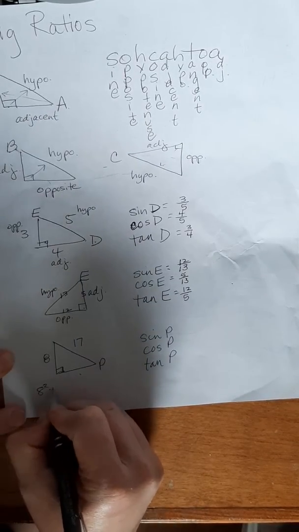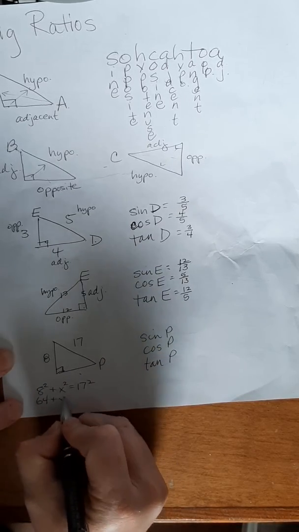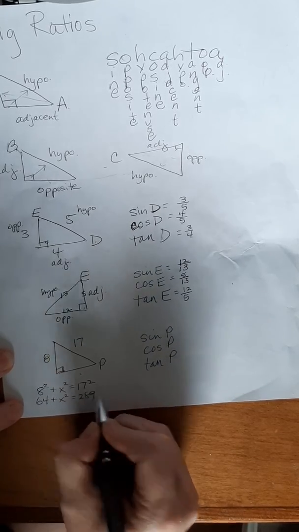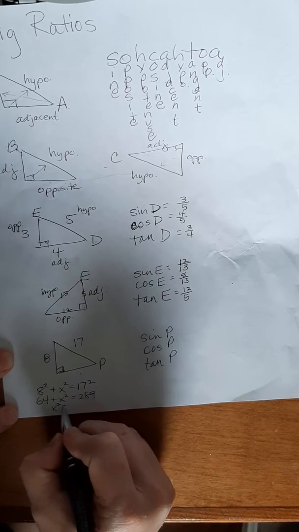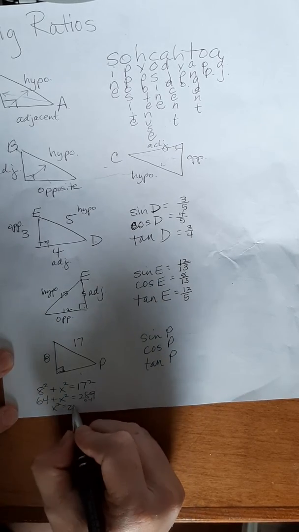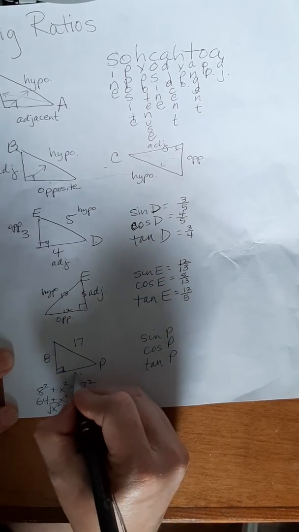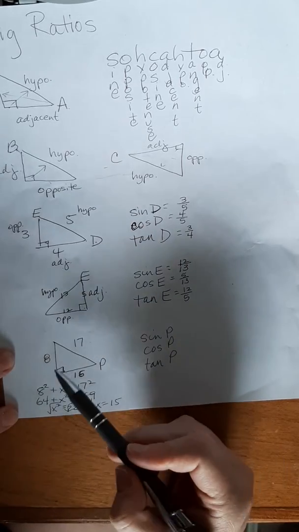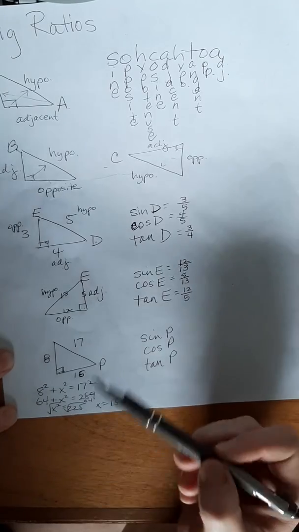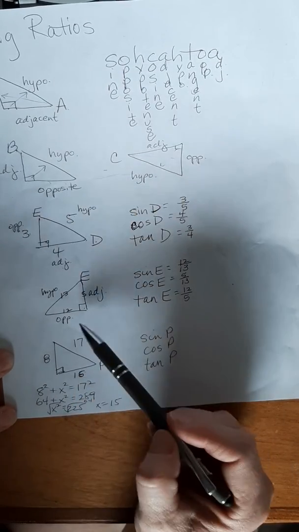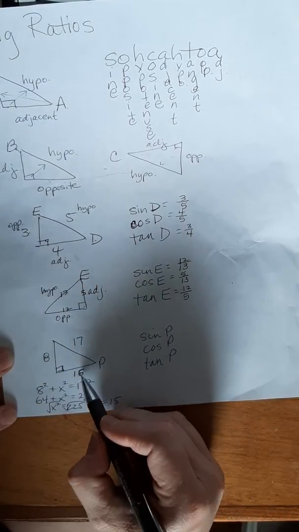Pythagorean theorem. 8 squared plus x squared equals 17 squared. 64 plus x squared equals 289. Subtract over the 64, so 225. X equals 15, which I knew that's what it was going to be because that's another triple. It always works out whole numbers, 8, 15, 17. The most common 3 are those, 3, 4, 5, 5, 12, 13, 8, 15, 17.